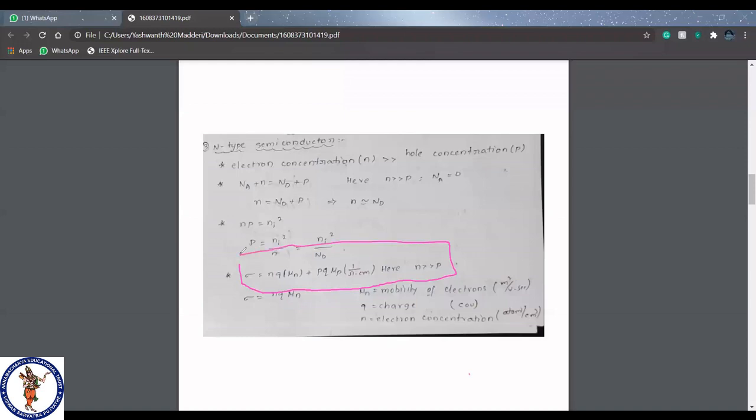Similarly, one can find the conductivity from the formula Nq mu n plus Pq mu p, and P is very small, so we can make it 0, and we get Nq mu n.